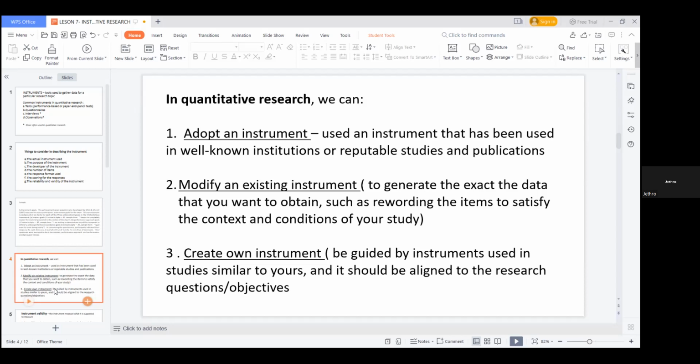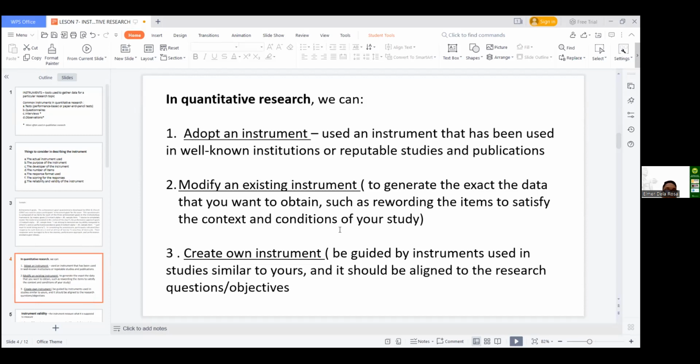Or, college students, ang instrument, sasabihin mo naman ay high school students. So, you are changing or rewording some items such that you are satisfying the context, but still the exact data is generated. Okay?